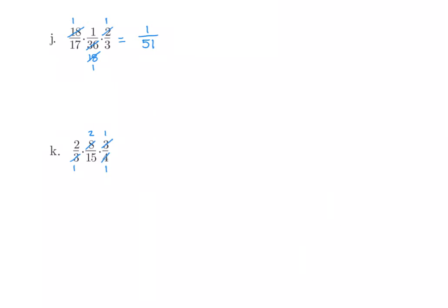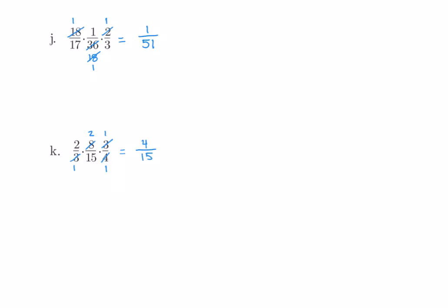And I believe that's all the cancellations that we can do here. So now we can go ahead and multiply straight across. 2 times 2 is 4, times 1 is 4, over 1 times 15 is 15 times 1 is 15. So our final answer is 4 over 15.